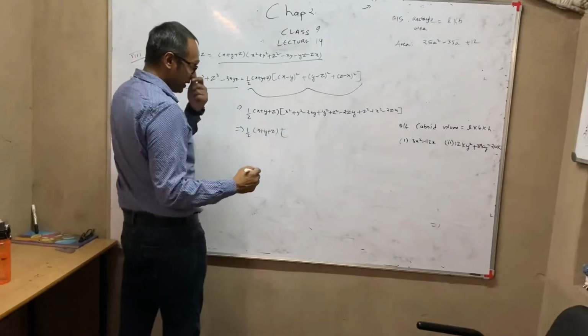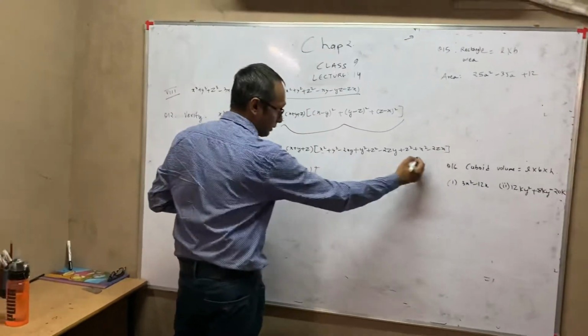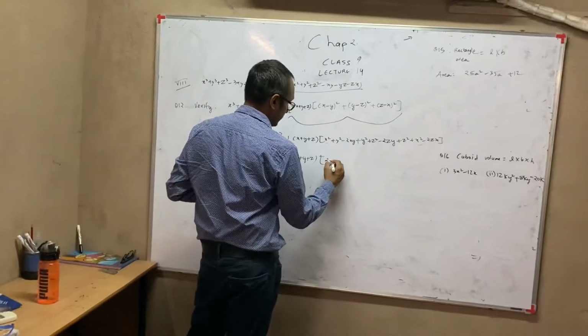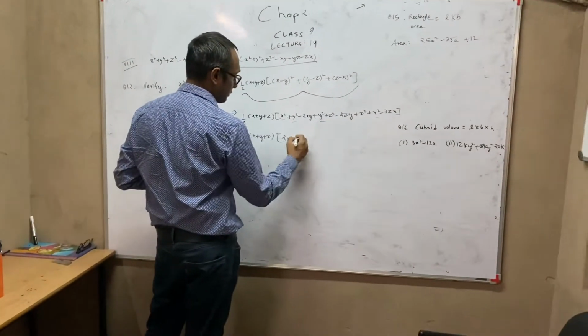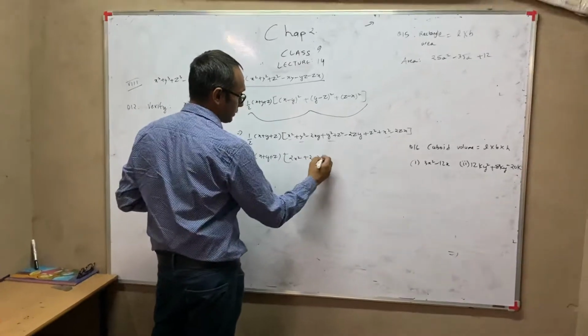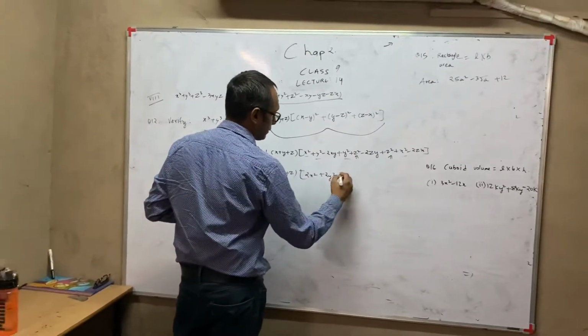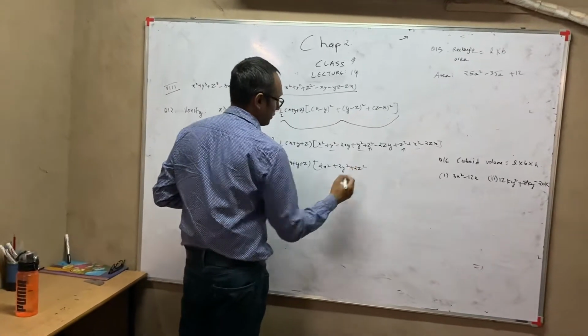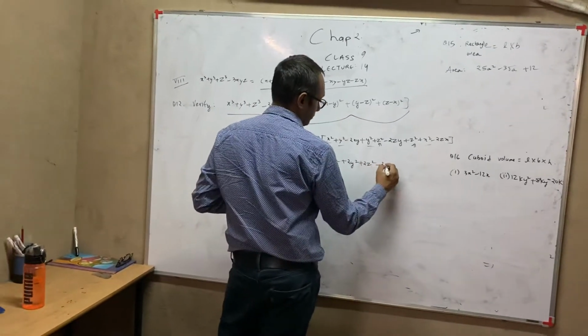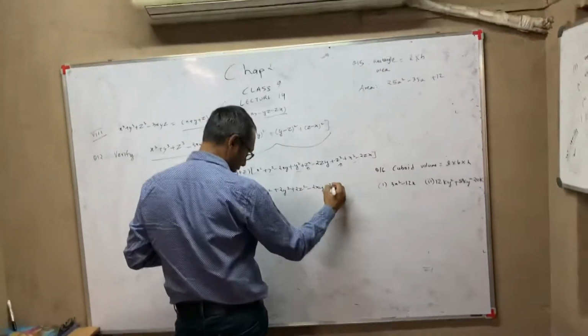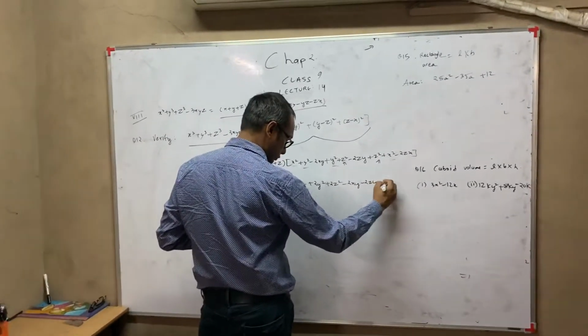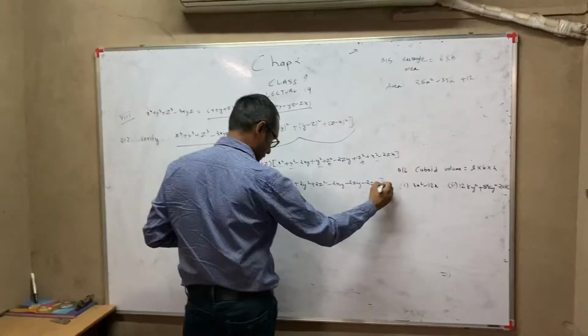Now the terms which are same I will add: x square and x square, 2x square; y square and y square, 2y square; z square and z square, 2z square; and then minus 2xy minus 2zy minus 2zx.